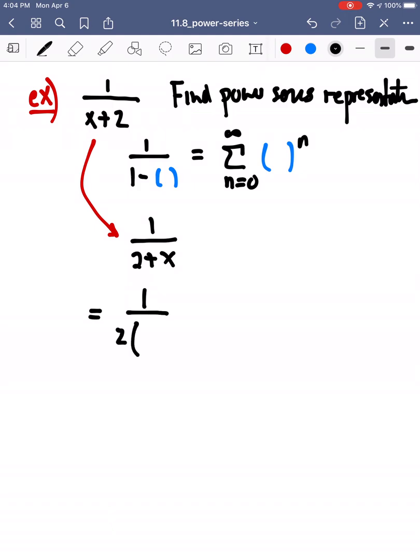If we do that, we get that this is 1 over 2 times the quantity 1 plus x over 2. If we multiply that 2 into those parentheses, we just get back to the thing we had before. And now since we have the product of two things in the denominator, we can just pull that 1/2 out in front. And now we have 1 over 1 plus x over 2.